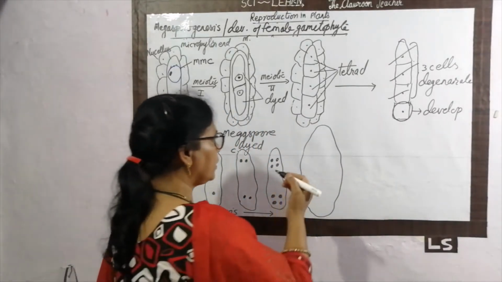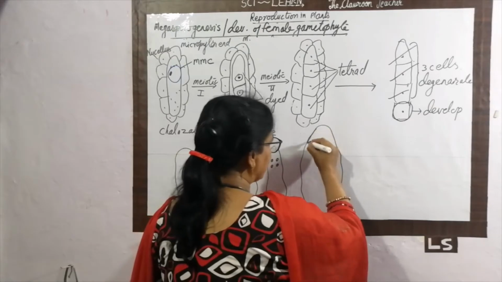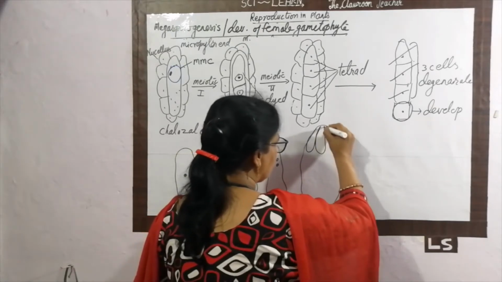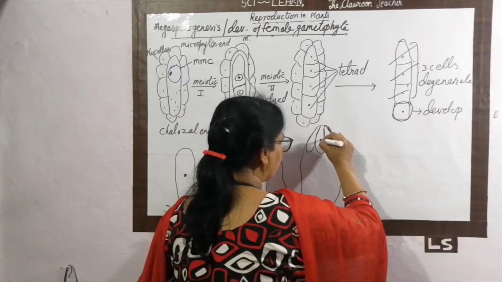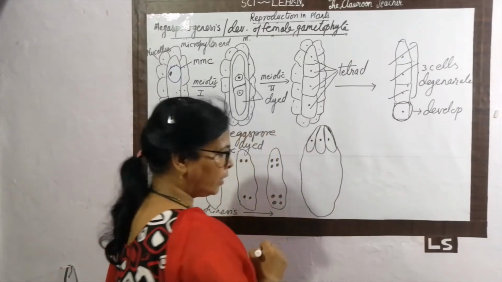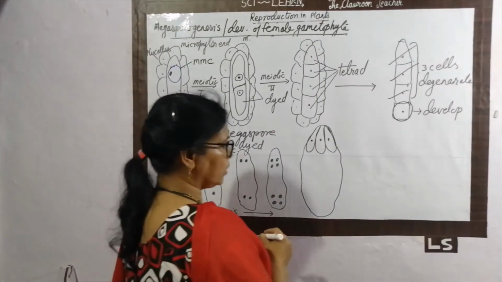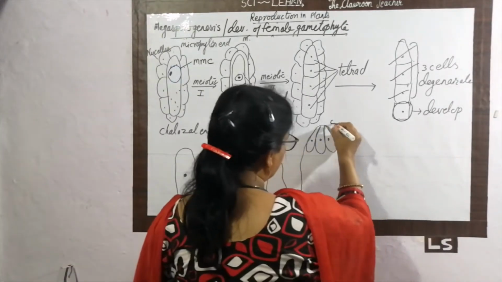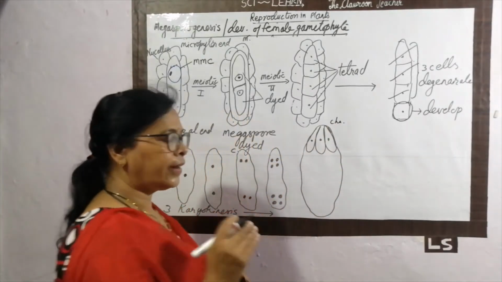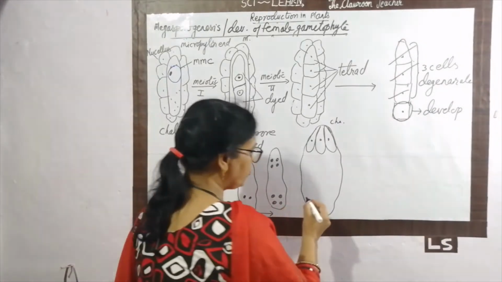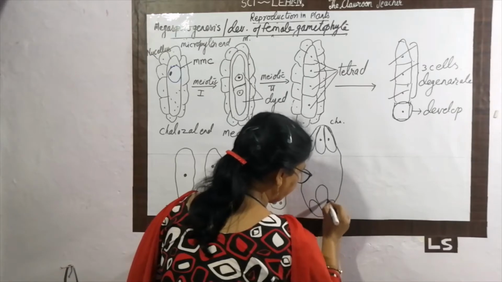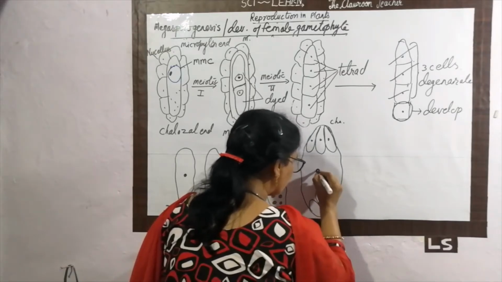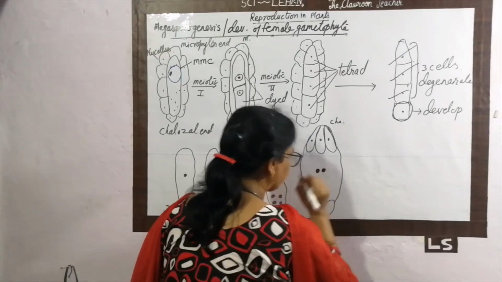Okay, what happened? The 3 nuclei move to this end. 1, 2, and 3. The 3 nuclei are moved to one end, that end is called the chalazal end. The rest, 3 nuclei, move towards the other end, and 2 remain here only.